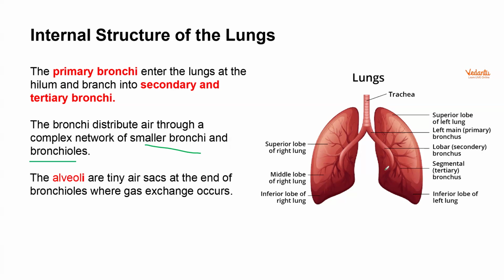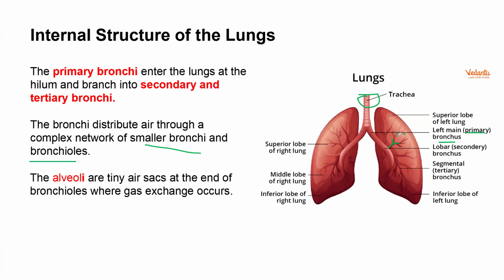As you can see here, this is the lungs, and this is the trachea. This trachea divides into left and right. From here, we have the primary bronchus, which is further divided into secondary bronchi, and then moving to the tertiary bronchi.